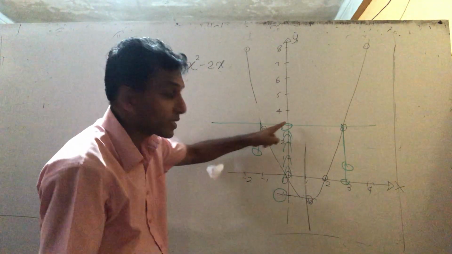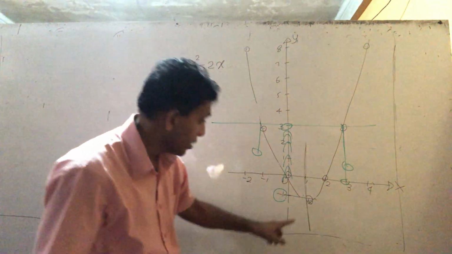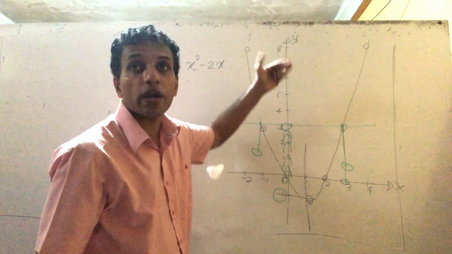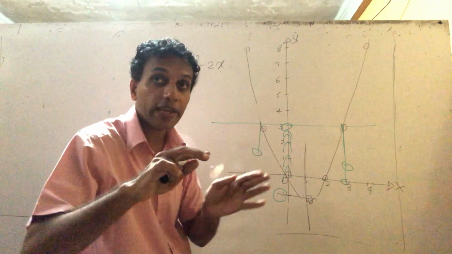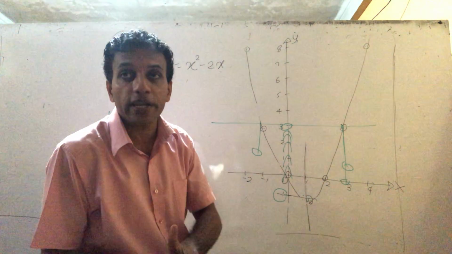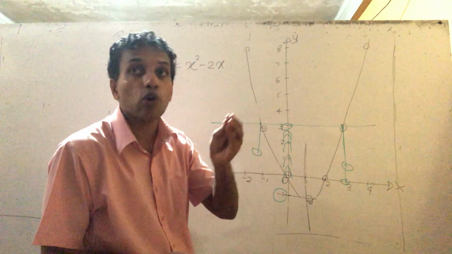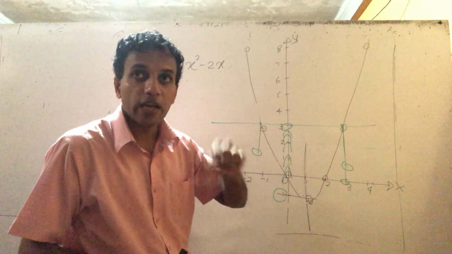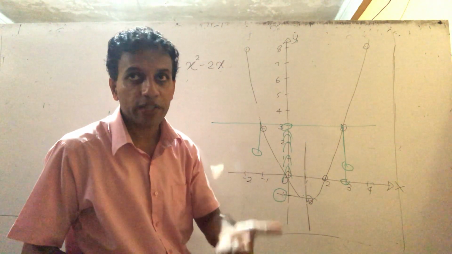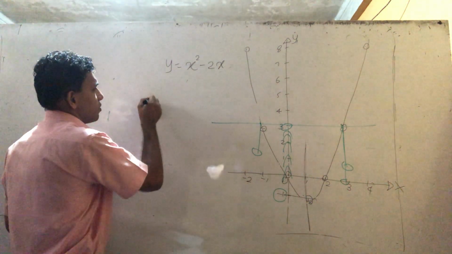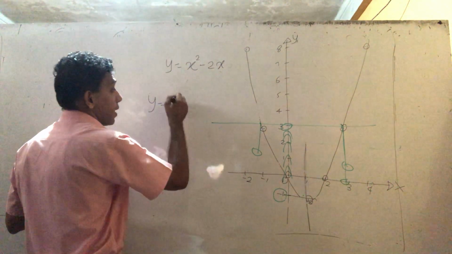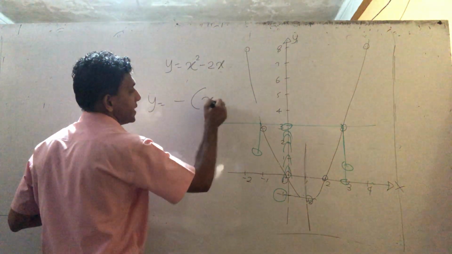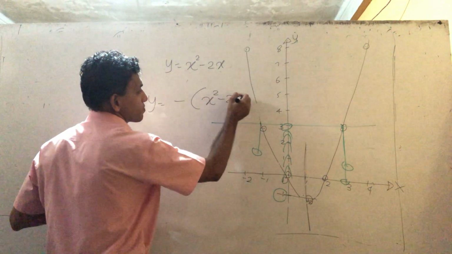If this is a plus 3, it becomes minus 3. If it's a minus 1, it becomes plus 1. All the values of y change, the x coordinates are not changed, right? Only y changes. Graph means y, no? So what is the answer? y equals, completely changed by minus.